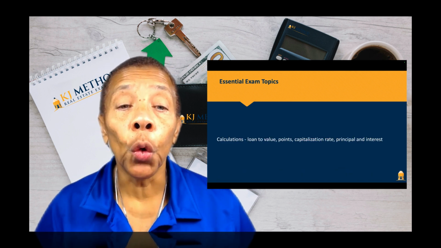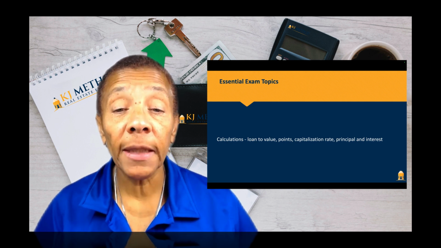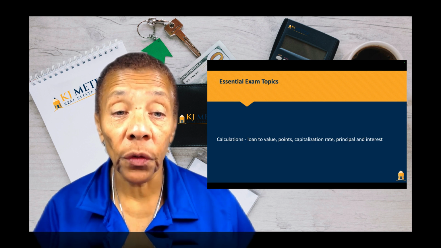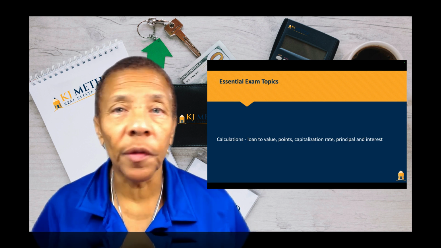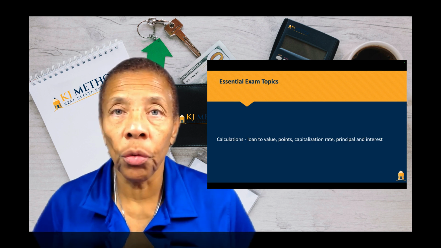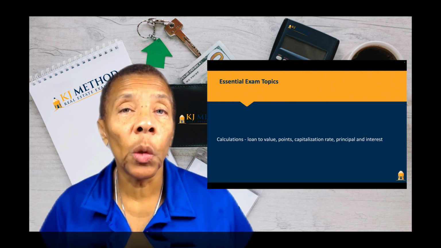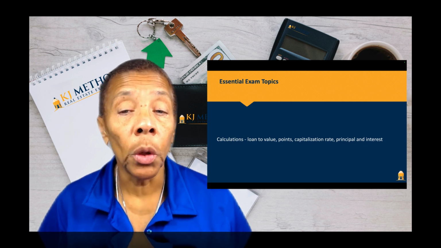Calculations. You should know loan to value, points, cap rate, principal, and interest. All right. There are a number of different calculations that we can do in real estate, and you don't need to know them all, but I definitely want you to focus on loan to value.